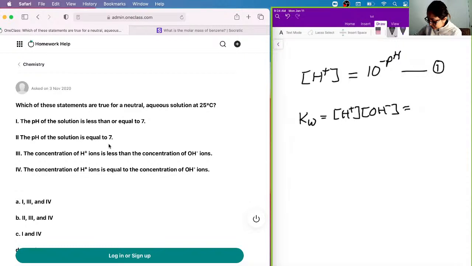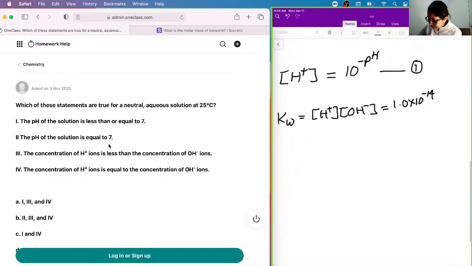And this is equal to a constant number, which is 1.0 times 10 to the power negative 14. Okay, and this is our second equation.